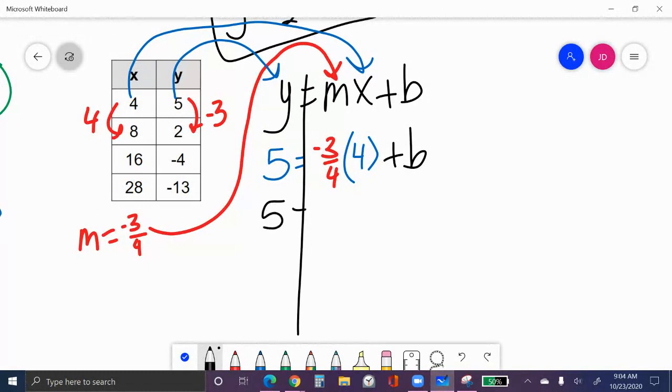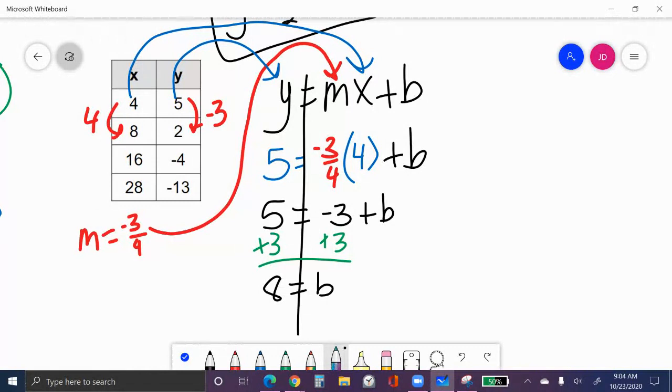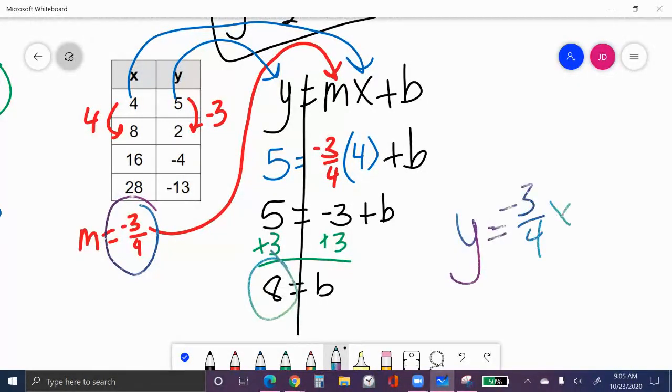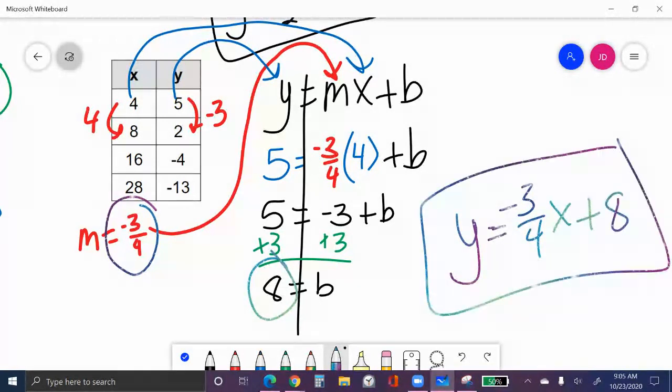So we have 5 equals -3 plus b. Add the 3 to both sides. And 5 plus 3 is 8. So I have my m. I have my b. So my equation is y equals -3/4 x plus 8. And there it is.